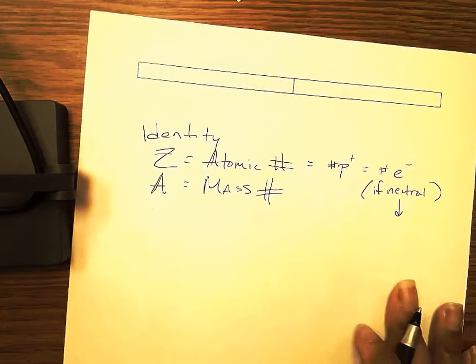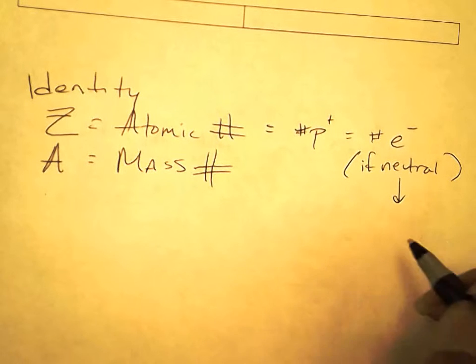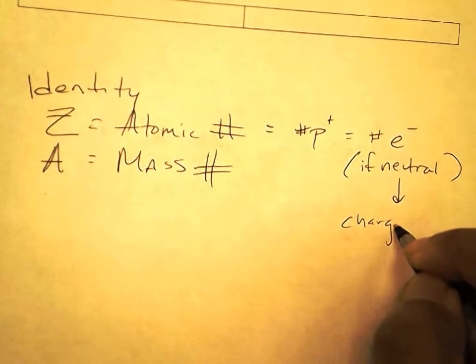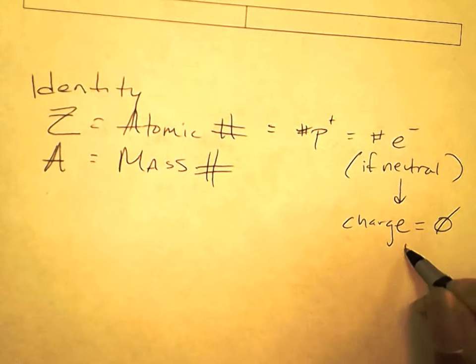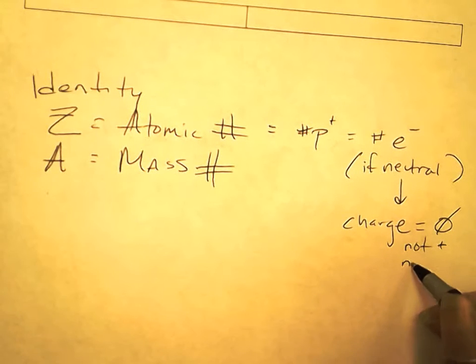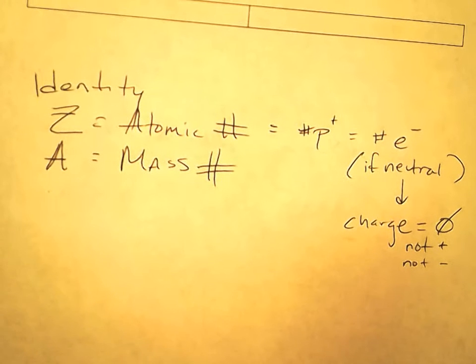One way is that your charge equals 0, meaning you are not positive and you are not negative. You have 0 charge because all of your positives cancel out with all of your negatives. Okay? That's one way to think about it.